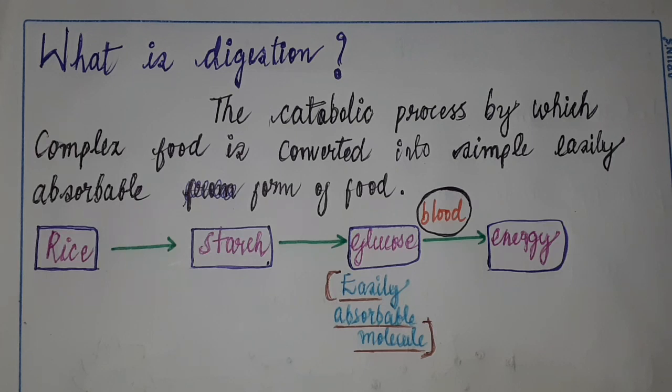Rice cannot directly diffuse into your cell because it is very large. So it should break down into its smaller units so that it can reach each and every cell of your body and oxidize in the mitochondria to release energy. I hope you understood what digestion is as well.